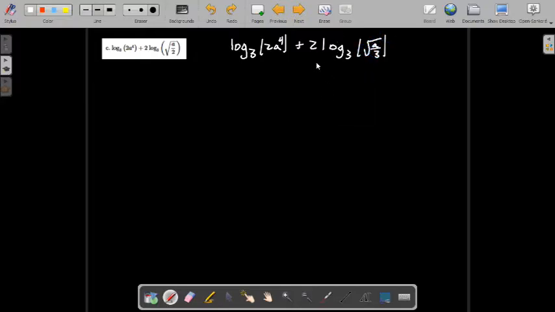Okay, quite complicated, but we've got the same base on both. Now I can't use my law for adding yet because I've got this 2 in here. So I just need to use law number 5 first, to bring that into the log equation.